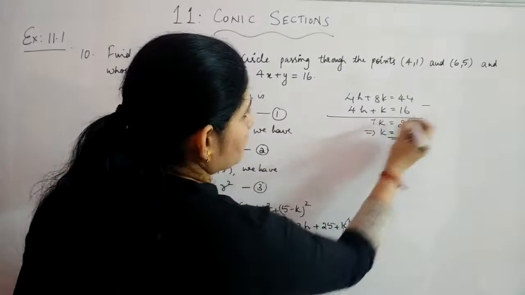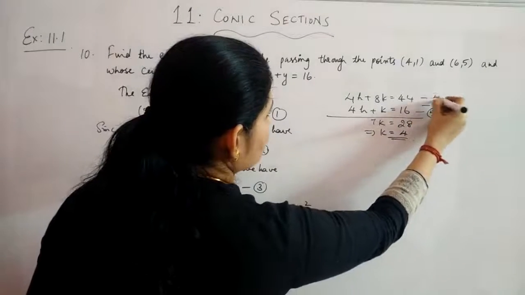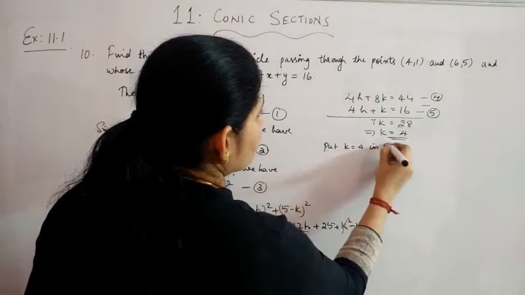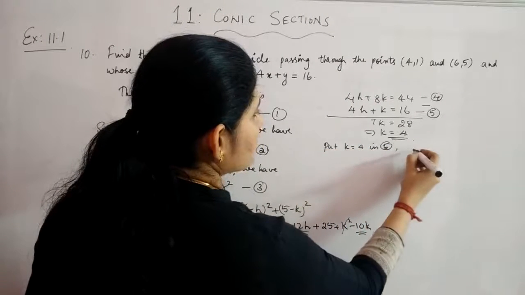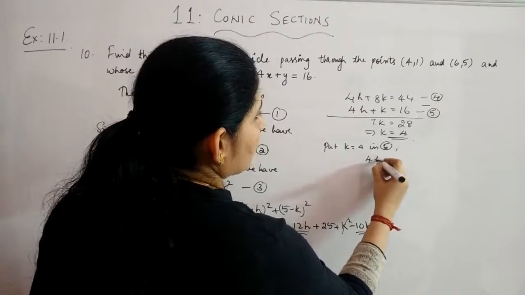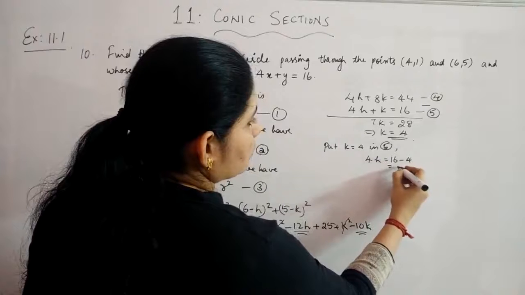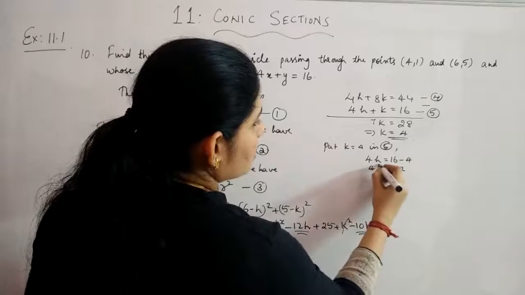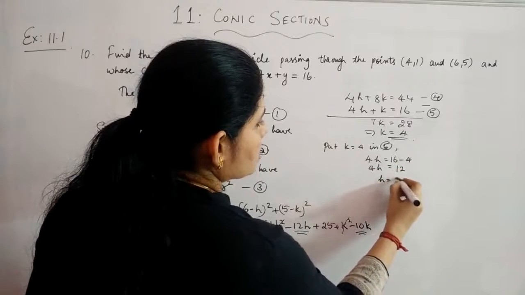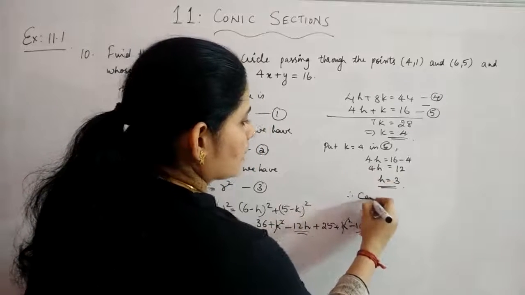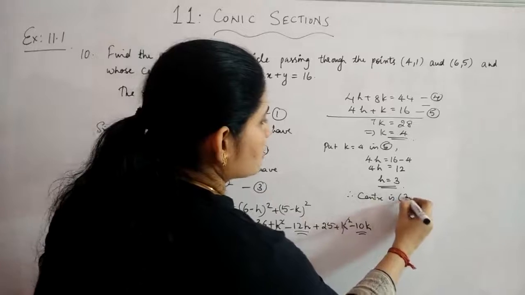So this is your 5th equation, this is 4th one. So put k equal to 4 in equation number 5, what you will get? 4h is equal to 16 minus 4, which is 12. So 4h equal to 12, or h is equal to 3. Therefore you got the center, right? Therefore the center is (3, 4).